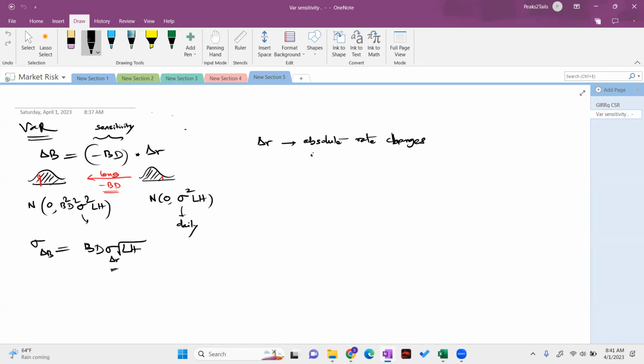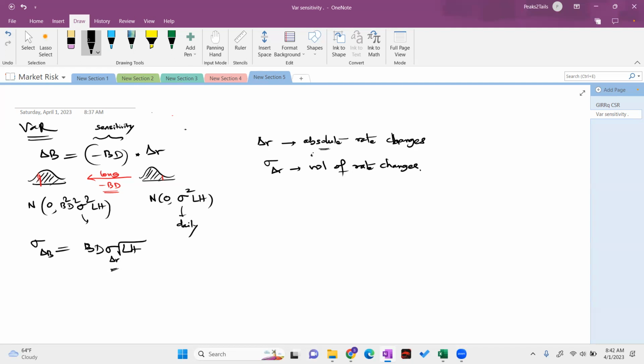You take the absolute return and then take the changes. Don't get confused by the word absolute. It's not taking modulus or anything. It is the interest rate as is. You take that and take the difference. That's delta R, and sigma delta R is the volatility of rate changes.